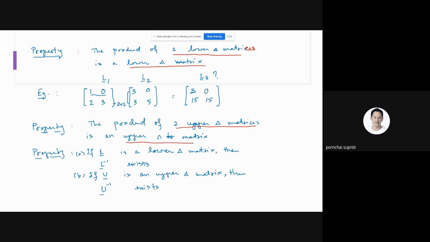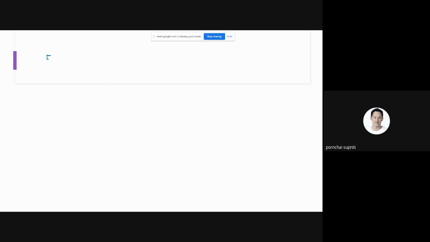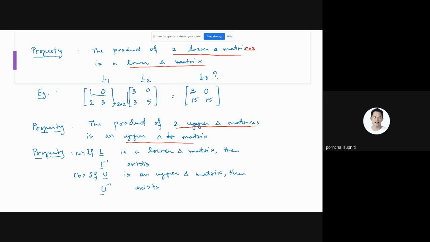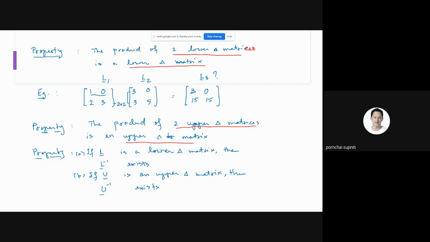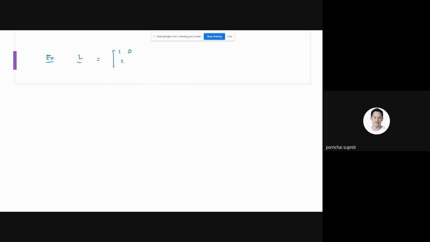For example, we can look at an example just for fun. If I give a lower triangular matrix as this one, 1, 0, 2, 3.